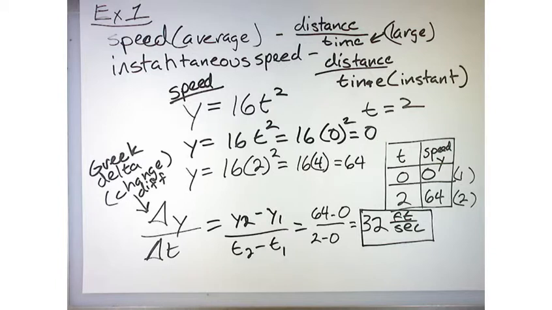So here the instantaneous speed at t equals 2 seconds is 64. But if I were to average the speed, it would be 32 feet per second. And we're saying that's the speed, but really that's the displacement, right? He's really moved 64 feet in 2 seconds. Does that make sense to you guys?